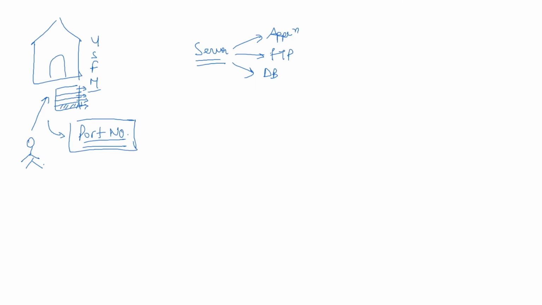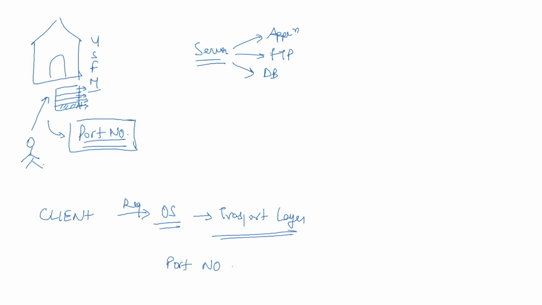Now with this definition of port numbers, whenever the client gives the request, my operating system will talk to the transport layer, and the transport layer will add a port number here. This port number will be directly connected to the socket.